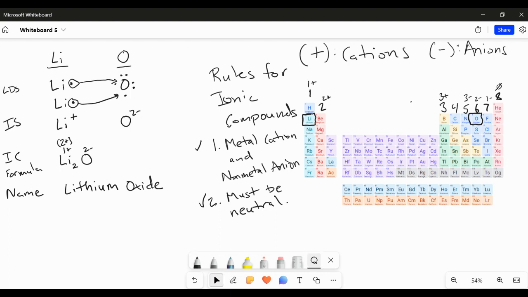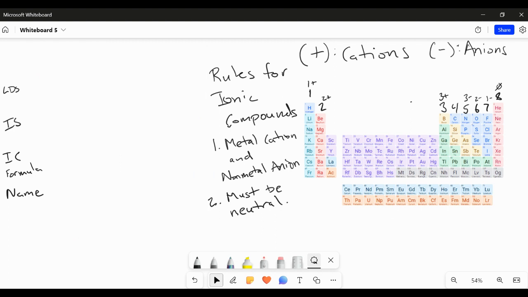Let's look at one last one. Okay. Let's look at one that's a little bit more complicated. Let's look at magnesium and phosphorus.